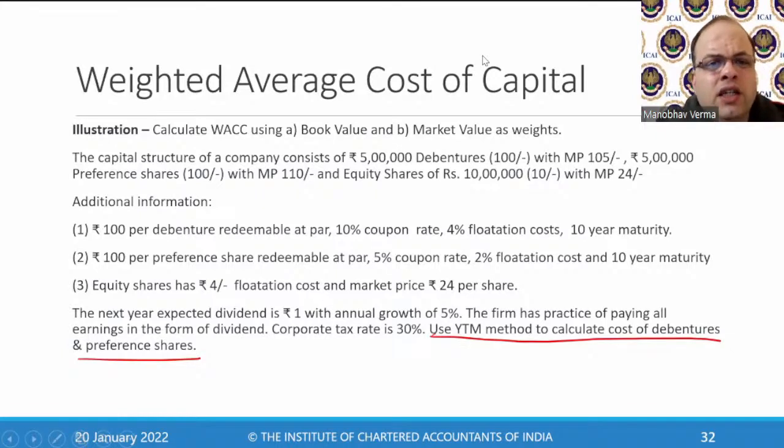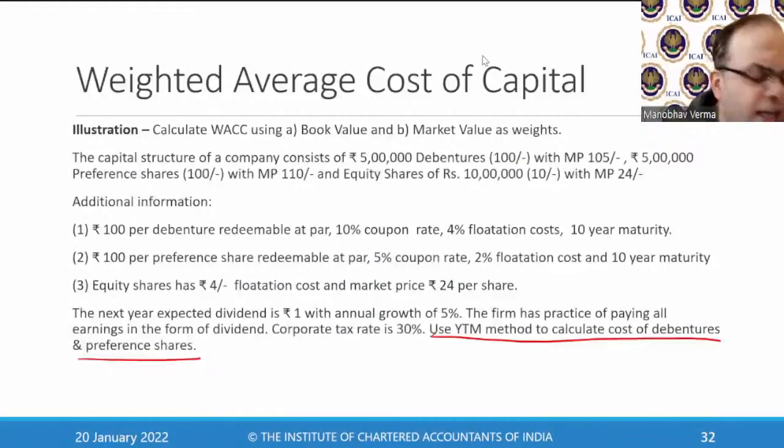So this is an interesting question. To start with, let's work around this. Let's talk about cost of debentures first, probably. So redeemable debentures, but they have specifically told us that you need to use a YTM method. They specifically told us not to apply the other formula. So the YTM method is required, guys.